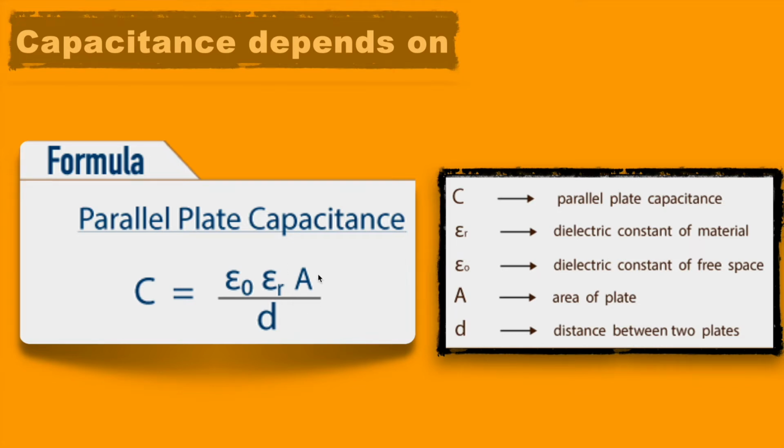The bigger the area of the metal plate, the more capacitance, while the distance between the two plates reduces the capacitance. So if the two plates are kept at more distance, it will provide lesser capacitance. The capacitance also depends on the dielectric material used between the two metal plates.